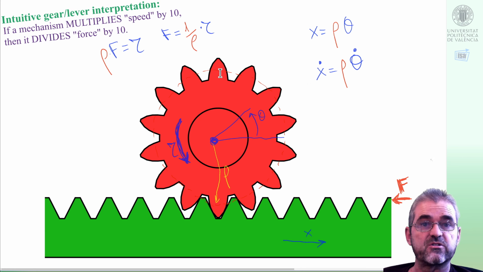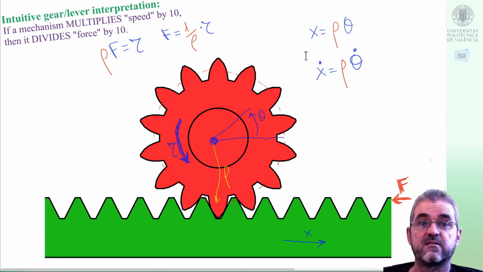So if a gearbox has a gear ratio of 10, this means that, let's say, the fast end that moves 10 times faster can exert 10 times less force or torque.